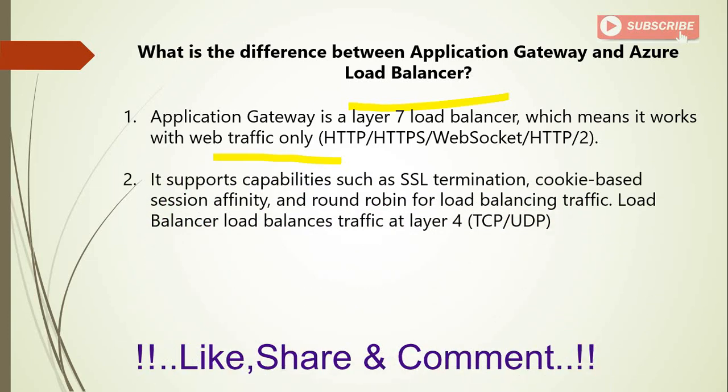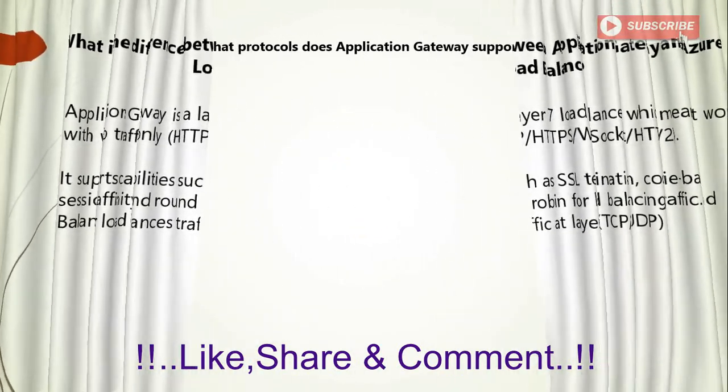If we talk a little bit more, it supports capabilities such as SSL termination, cookie-based session affinity, and round robin for load balancing traffic. Azure Load Balancer is a load balancer at layer 4. These are the characteristics of Application Gateway.